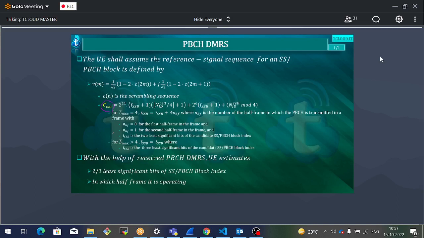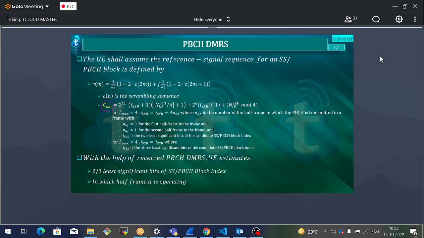Now, for this PBCH DMRS, the C init is the one listed here: 2 power 11 into I bar SSB plus 1 into floor value of N cell ID by 4 plus 1, plus 2 to the power of 6 into I bar SSB plus 1, plus N cell ID modulo 4.